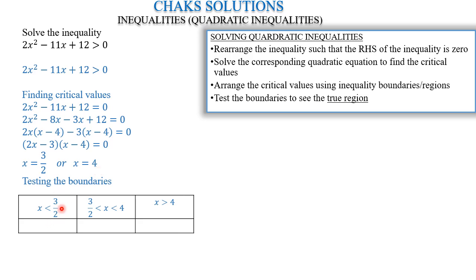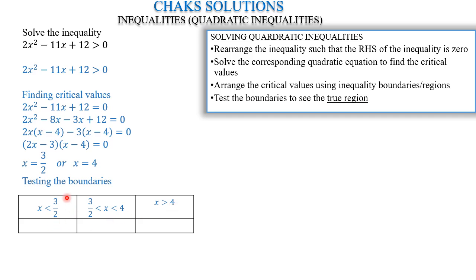When you're writing, you start with the smallest one. So it's x less than 3 over 2. Then the next boundary, joining the smallest one, is 3 over 2 less than x less than 4. Then the next boundary is x greater than 4. So these are the boundaries that we have: x less than 3 over 2, then 3 over 2 less than x less than 4, then x greater than 4.